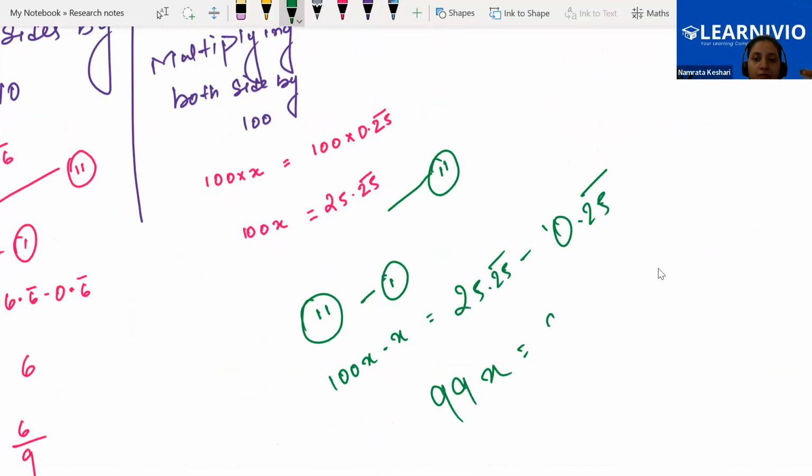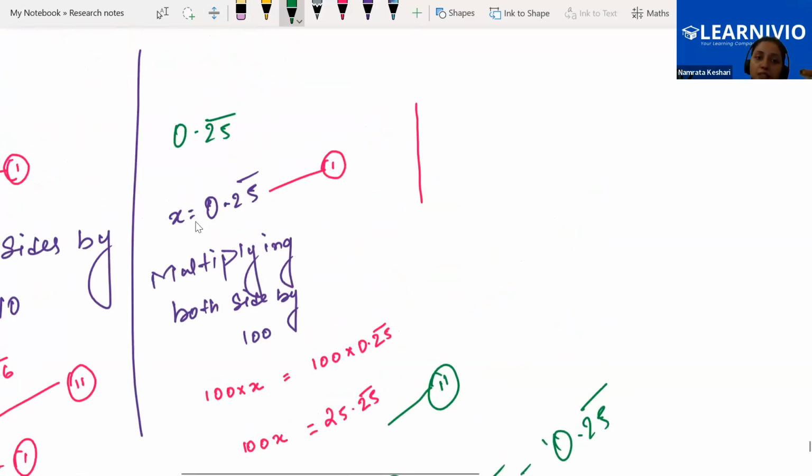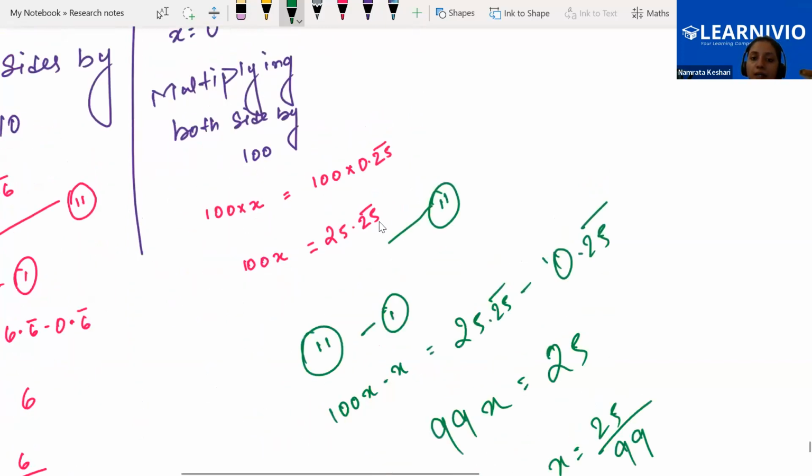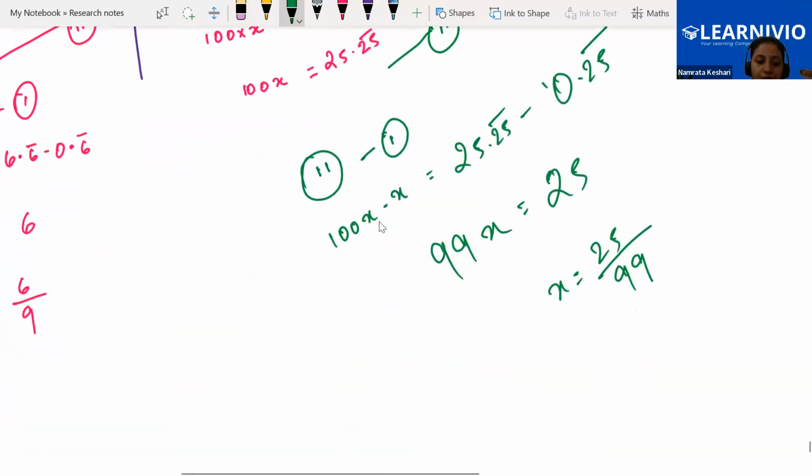Yes, just 25. Getting it, Ayan? Yes, ma'am. x will be 25 by 99. That is our final p by q form of x, the given decimal number. Getting it? Yes, ma'am. Next.